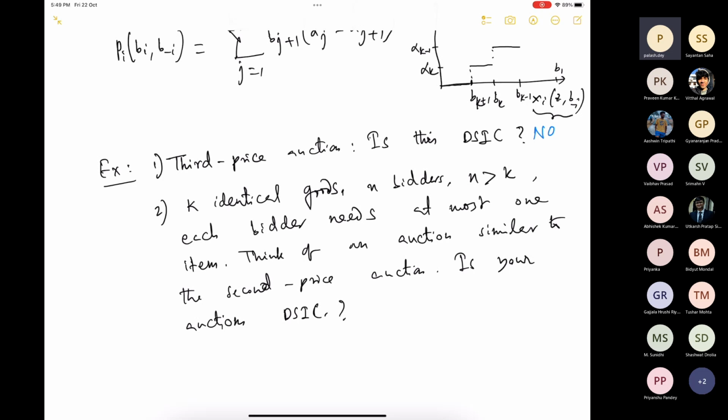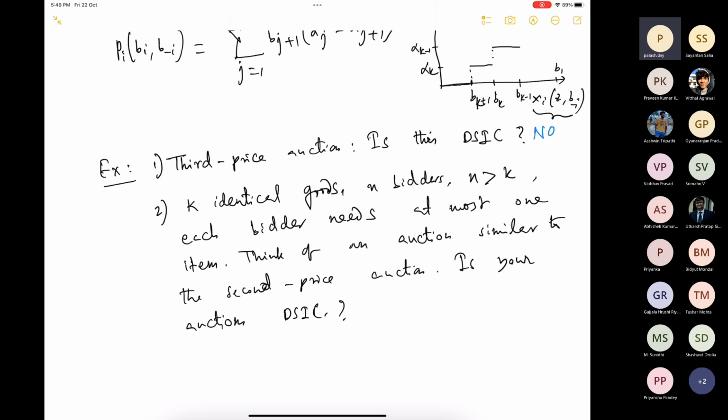hence any other payment rule, namely the payment rule which asks the winner to pay the third highest bid, cannot be dominant strategy incentive compatible. Is this clear to everyone? This follows from uniqueness of the payment rule.